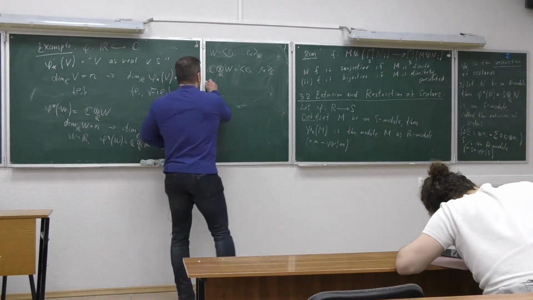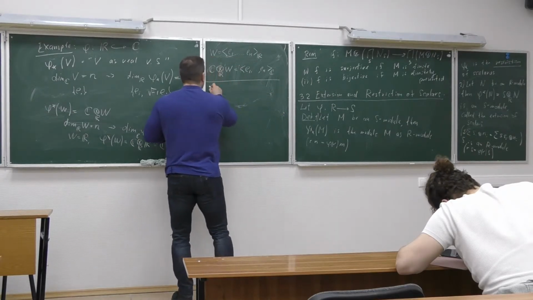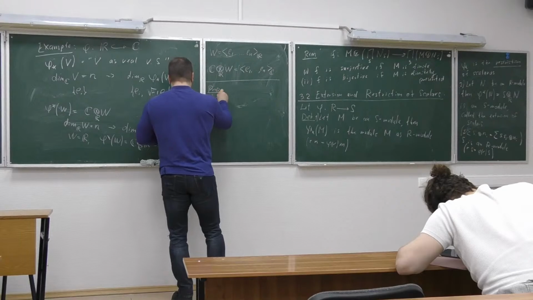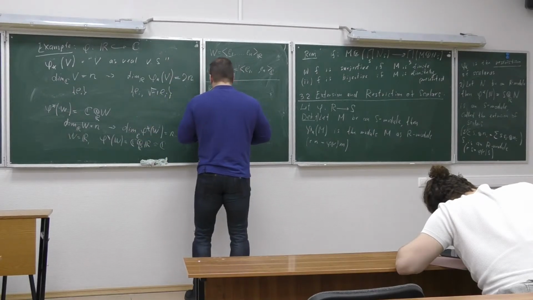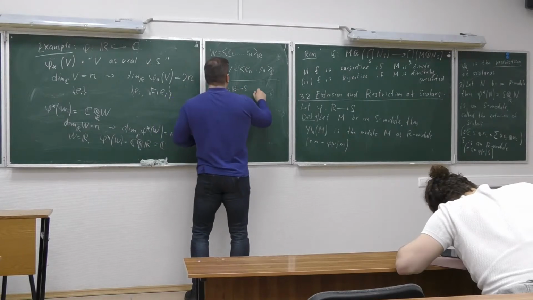Now maybe let me mention a couple of properties of the extension of scalars and restriction of scalars. So, proposition. As before, I want to assume that phi is the ring map.